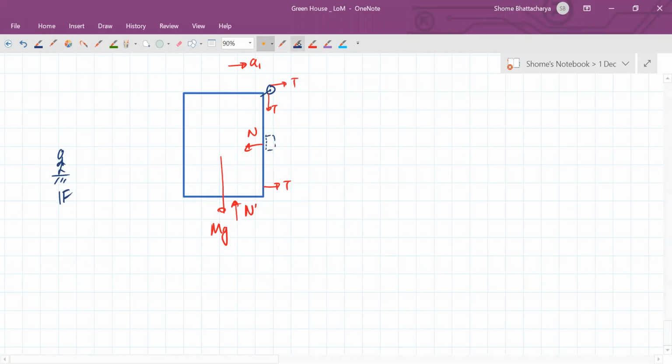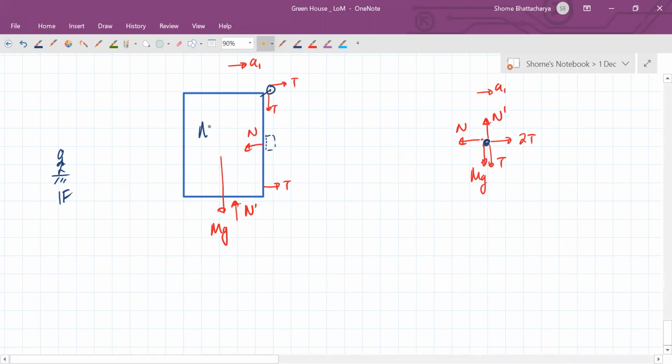Okay. So counting together all the forces on it, there will be 2T acting horizontally, T acting vertically downwards, one normal contact force that the block is applying backwards, normal reaction that the ground is applying upwards, and of course the weight of the block, and it is having an acceleration a1.